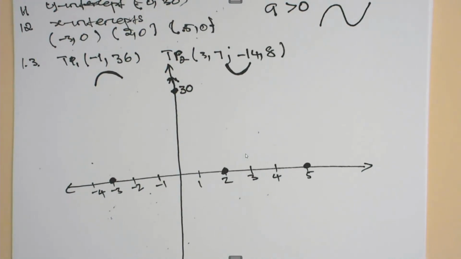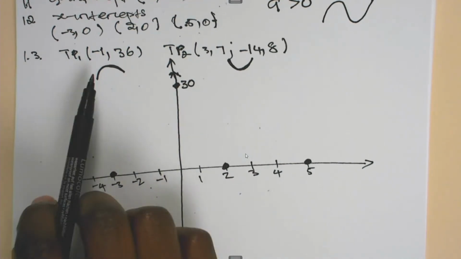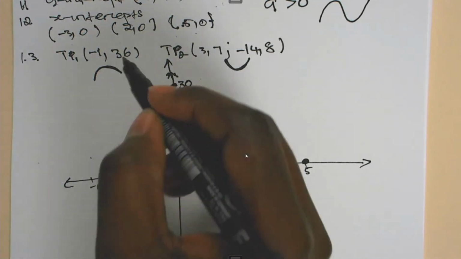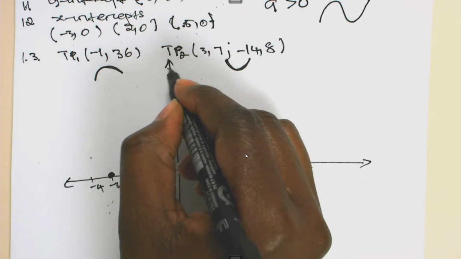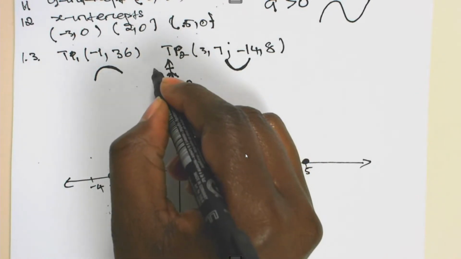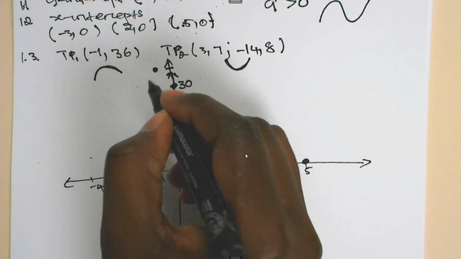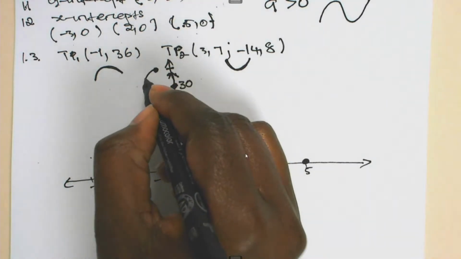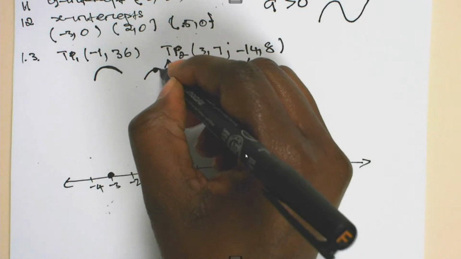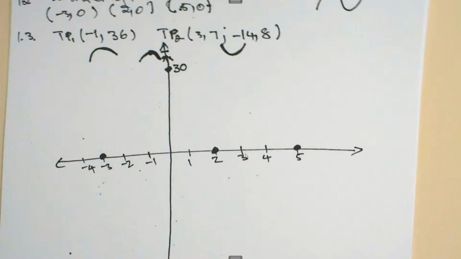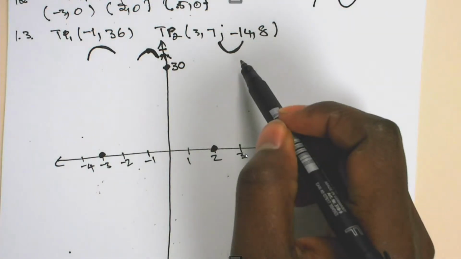All right, now for the maximum turning point, we have x is equals to -1. It goes along with 36. Remember, not drawn to scale. Then I'll have a point somewhere there. Remember, this one is a maximum turning point, right?